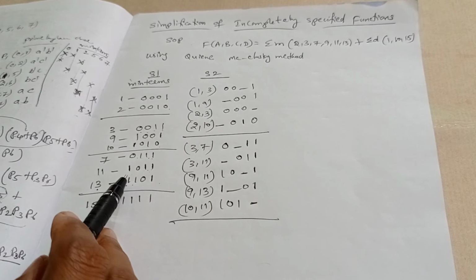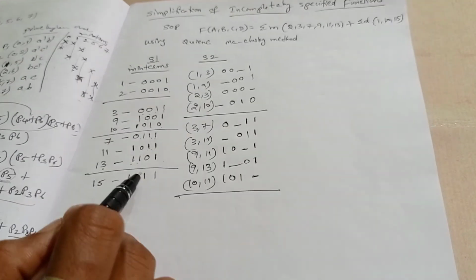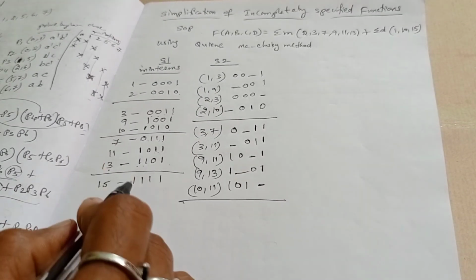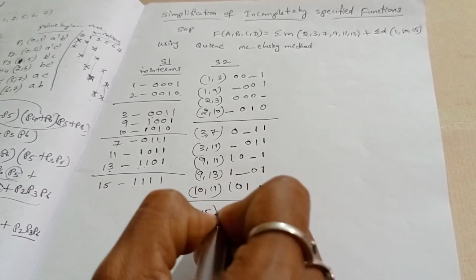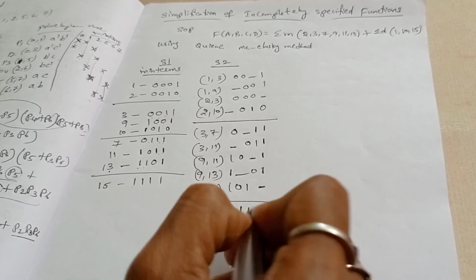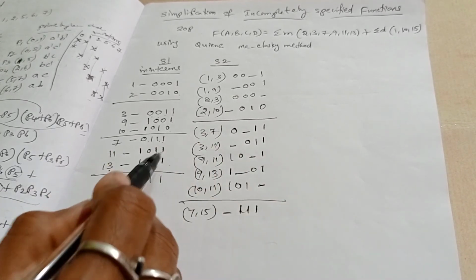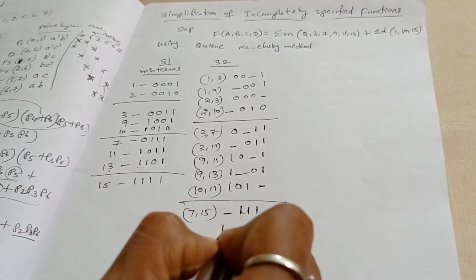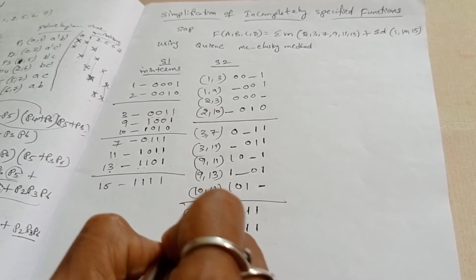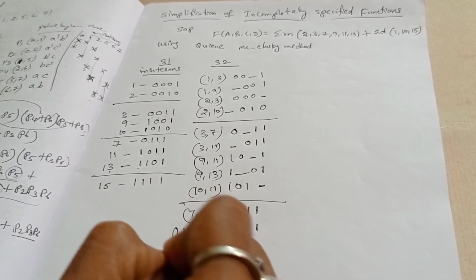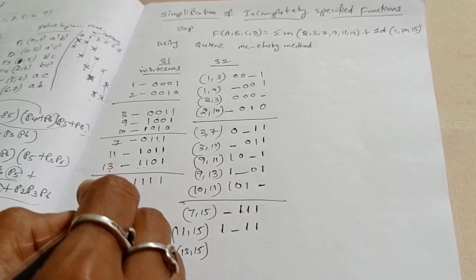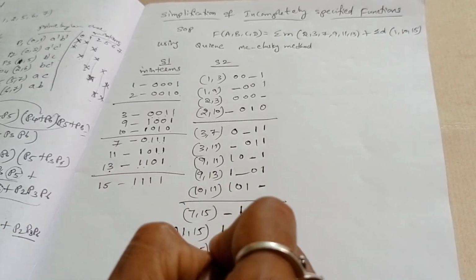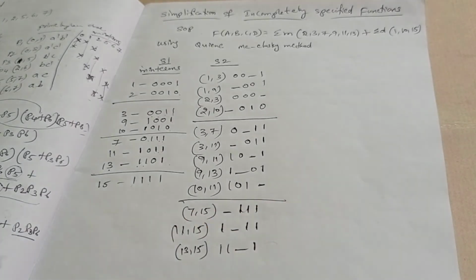Now compare this with this. That is --111 with 3 ones, possible. Next 1-11, 11 with 15. Next 13 with 15 is possible because 1-1-1. Now the comparison is completed.